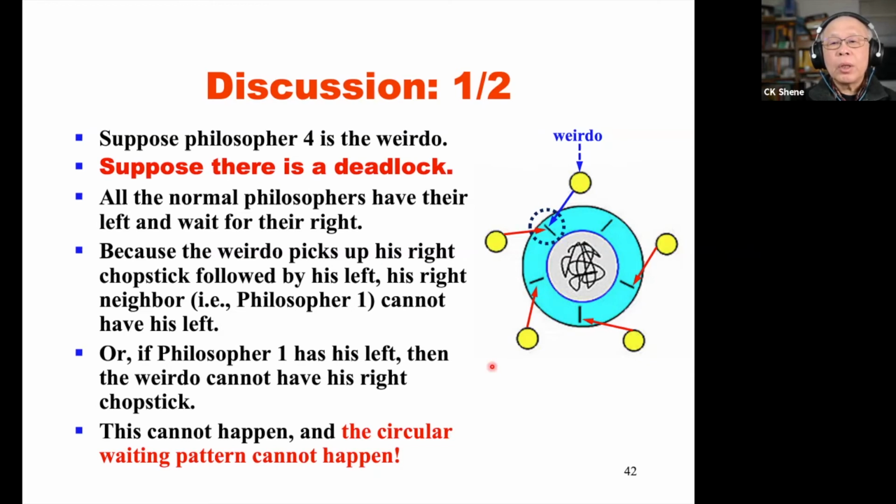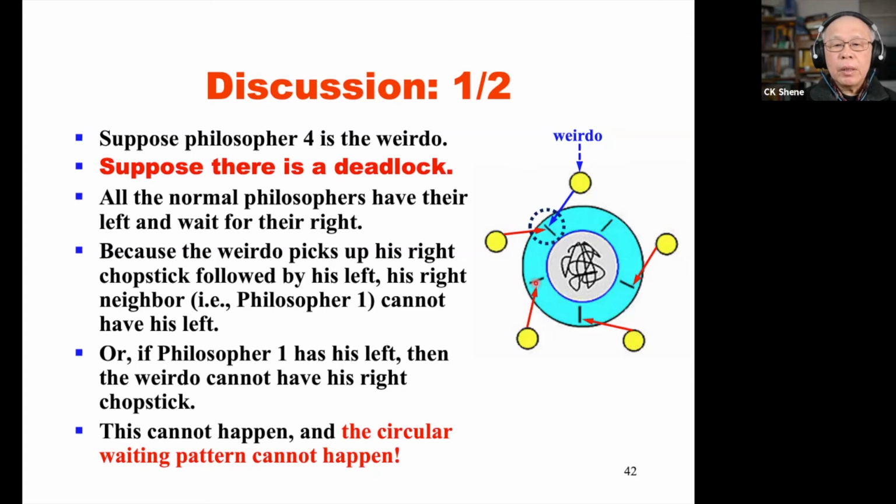So let's study the weirdo first. If all 5 philosophers cannot eat, it means they each have only one chopstick and wait for the other. If the weirdo cannot eat, the weirdo has his right without his left, right? And all the normal philosophers have their left without their right.